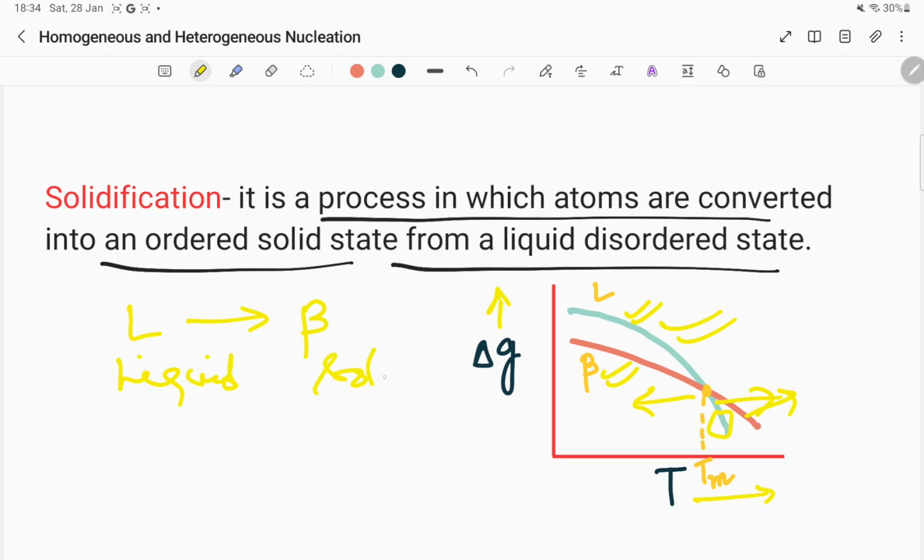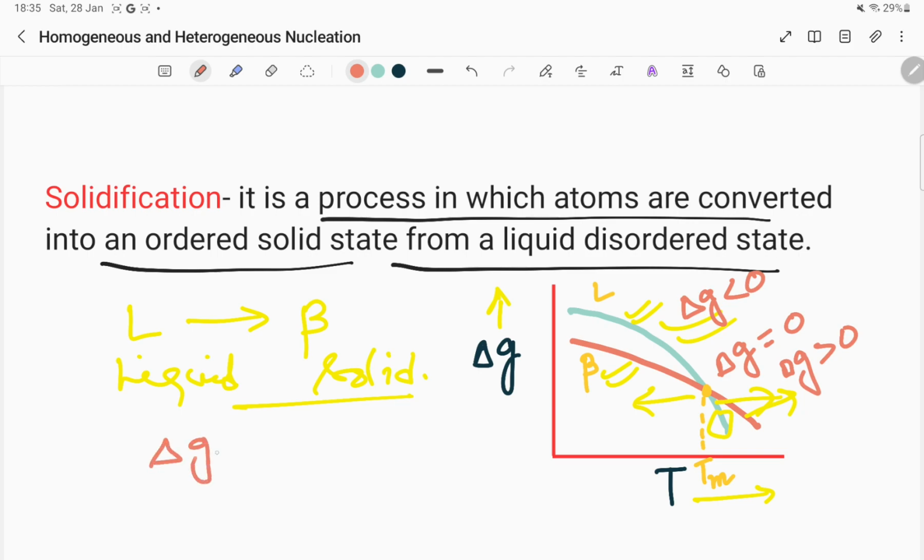This is liquid, this is solid. So at the melting point delta G will be 0, above the melting point delta G is greater than 0, and below the melting point delta G is less than 0. So in this condition delta G is equal to G of solid, that is beta, minus G of liquid, and it should be less than 0.